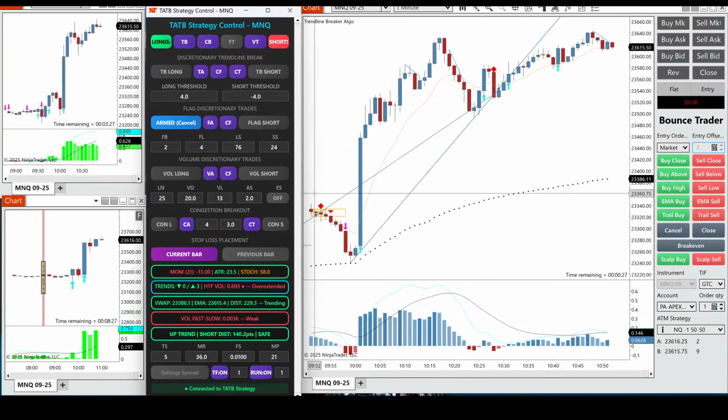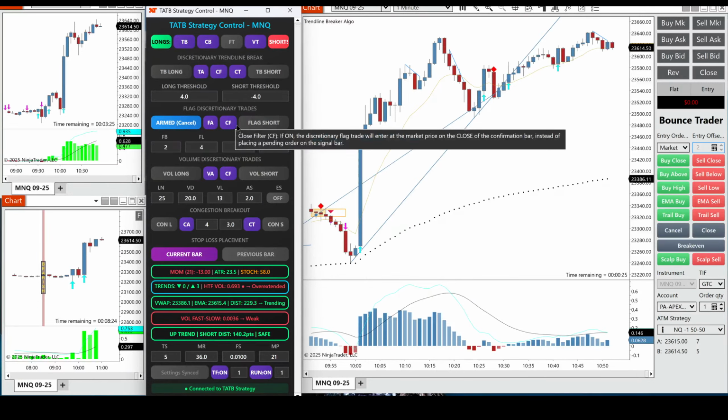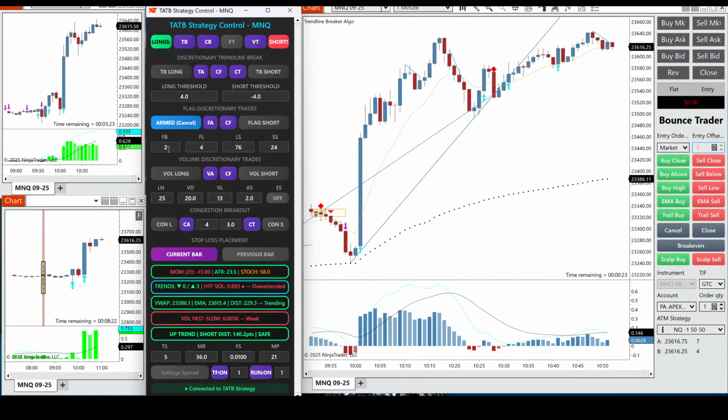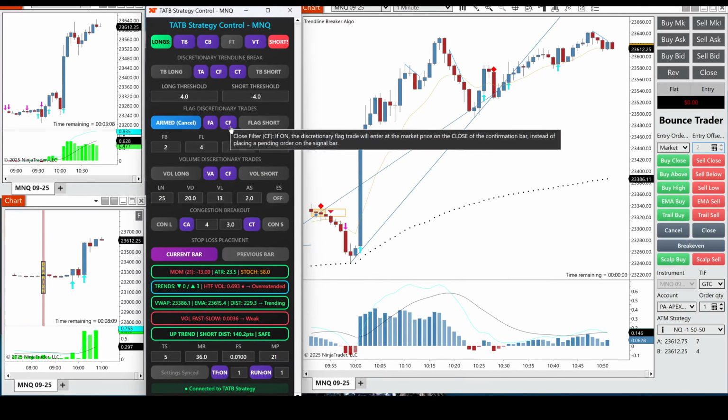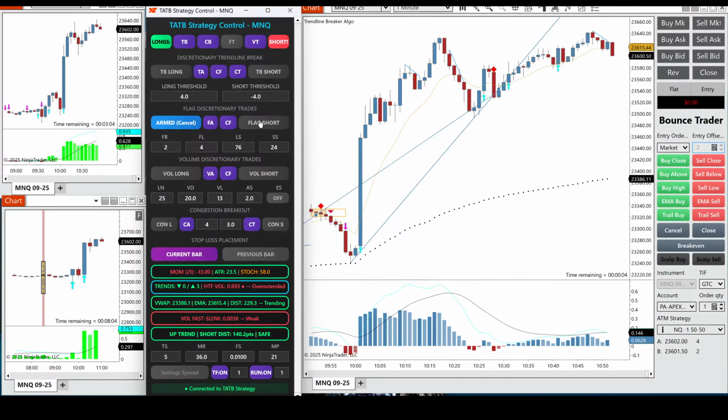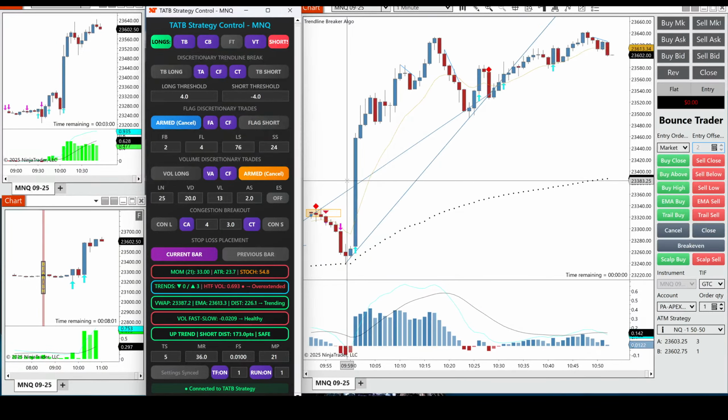It means if it's going to close 2 ticks above the bull flag value, not just touch 2 ticks above, but if it's going to close above, with the filter, I will enter long. Flag up setup.